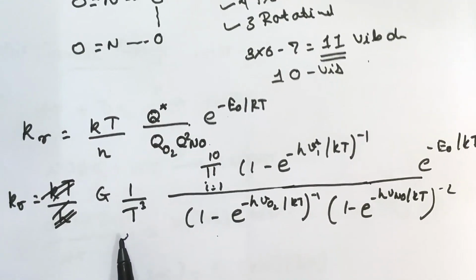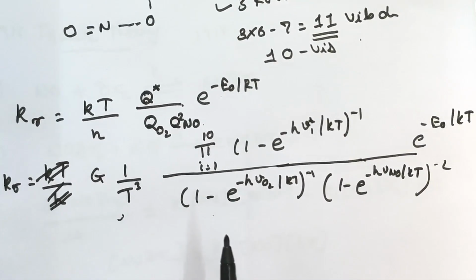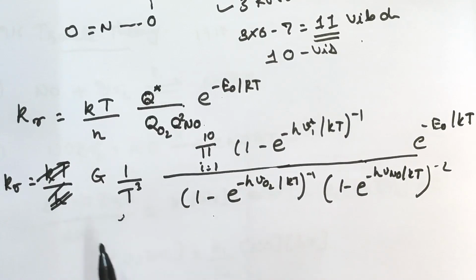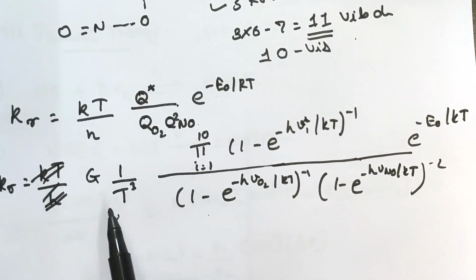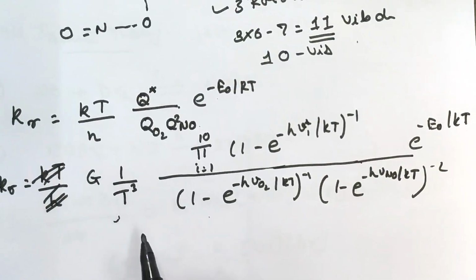So this means that as the temperature of the system increases, for a trimolecular reaction the rate of the reaction should decrease, and calculated values and experimental values also suggest that.